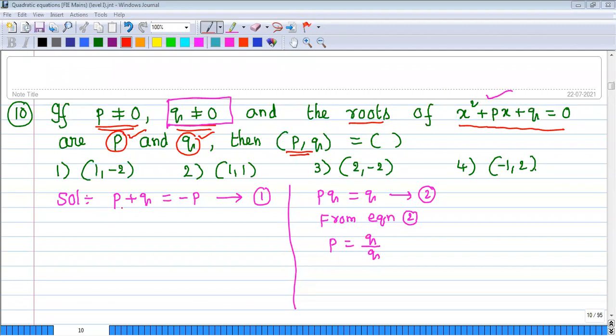So P plus Q is equal to minus P. Product of the roots, PQ, is equal to the constant term by the coefficient of x square, that is Q.